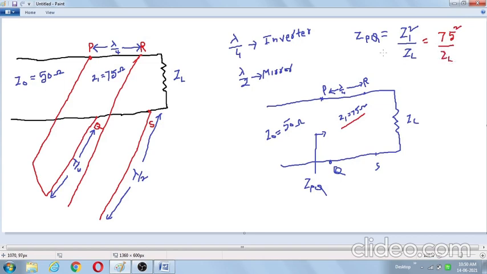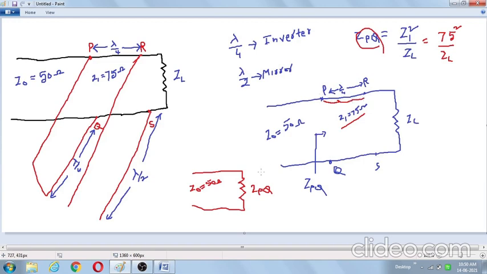So now the question is how to calculate ZPQ. To redraw this circuit, assume this is ZPQ. The characteristic impedance of the actual transmission line Z0 is equal to 50 ohms. In the given question, for impedance matching purposes a lambda by 4 transmission line is connected.